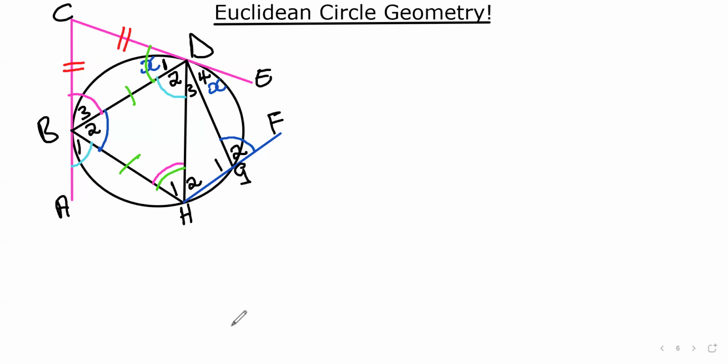And also D1 and D2 are equal to G1 because of the tan chord theorem: the angle between a tangent to the circle and a chord is equal to the angle in the alternate segment. And also D4 is equal to H2 because of the tan chord theorem. Okay.